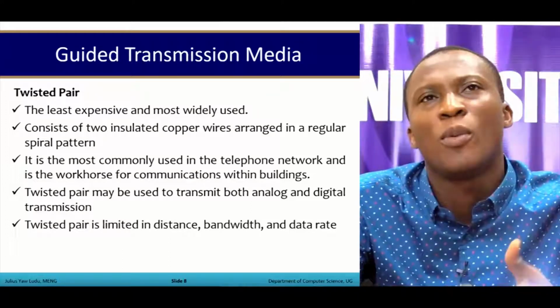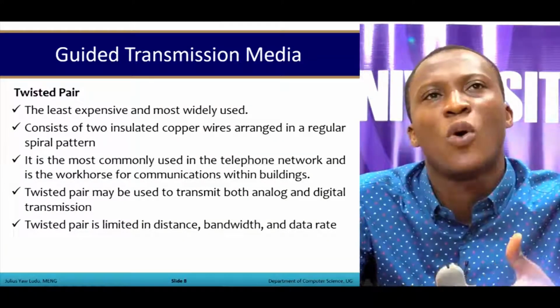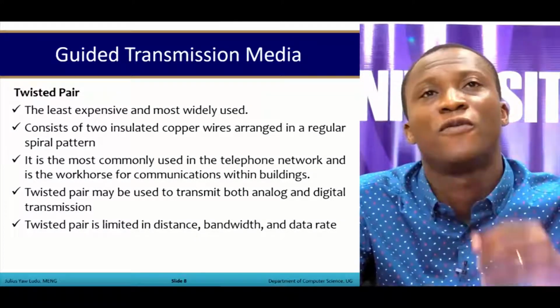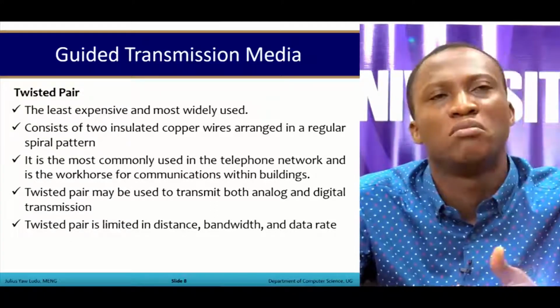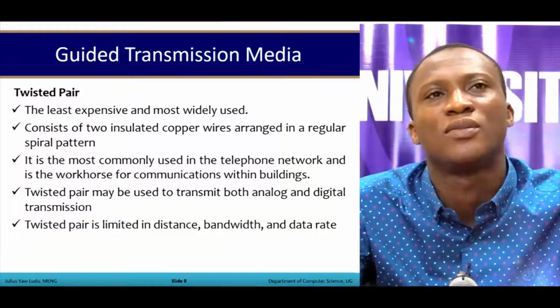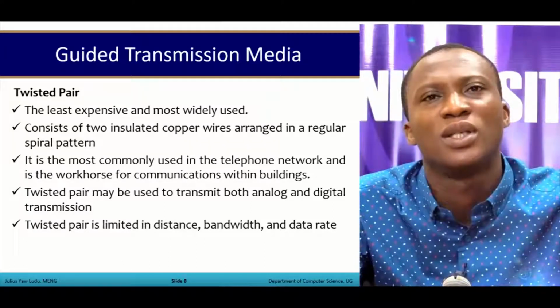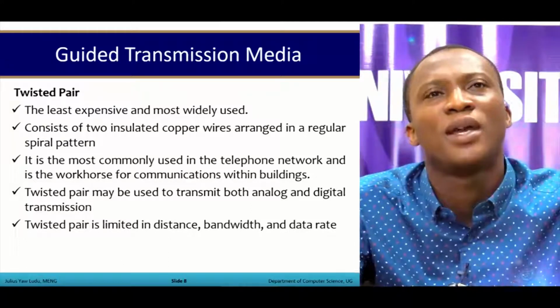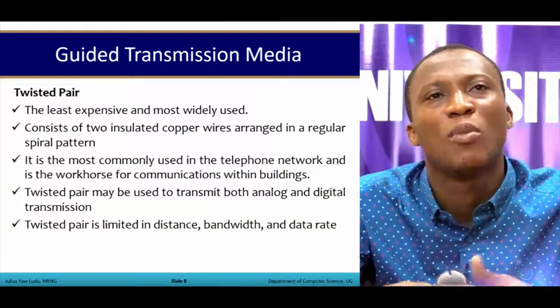It's most commonly used in our telephone networks and is the workhorse for communications within buildings. Twisted pair may be used to transmit both analog and digital signals, and it's limited in distance, bandwidth, and data rate. Like I said earlier on, twisted pair can take up to about 100 meters of cable length.